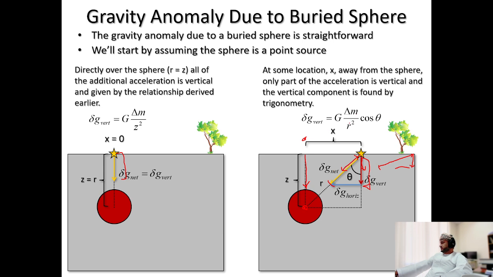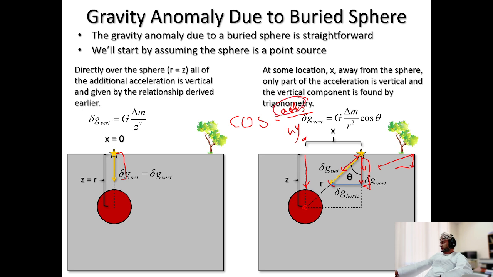So the angle needs to be known, and that's the hypotenuse, because cos theta equals adjacent over hypotenuse, المقابل على الوتر. Adjacent is this one, the red one. Sorry, adjacent over hypotenuse.